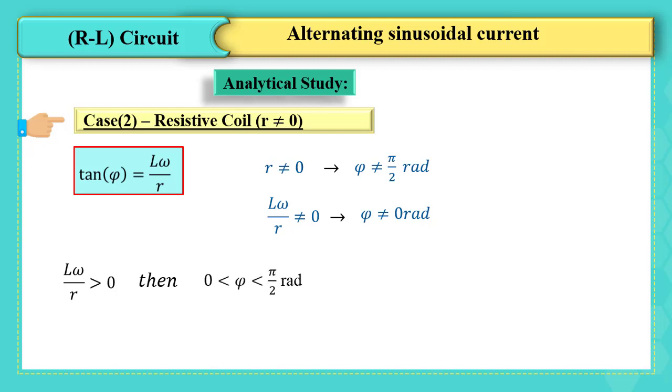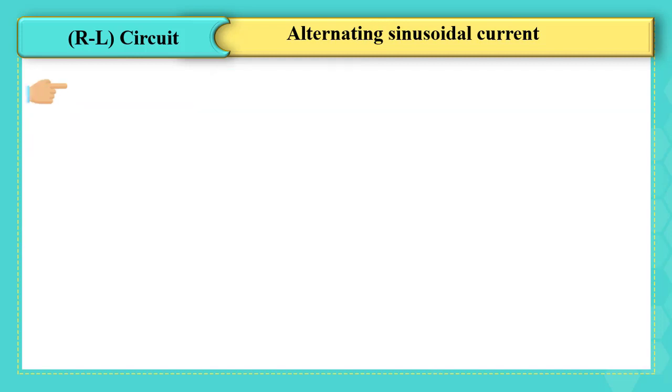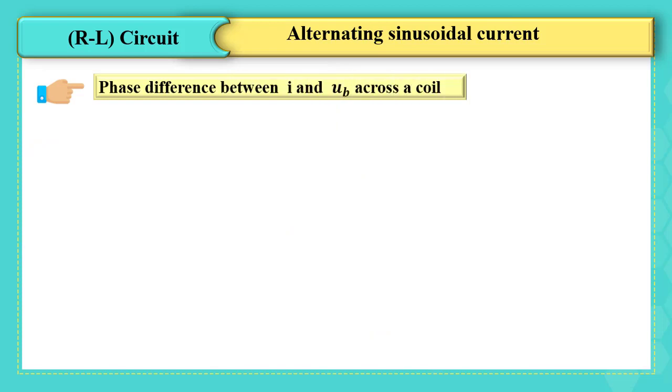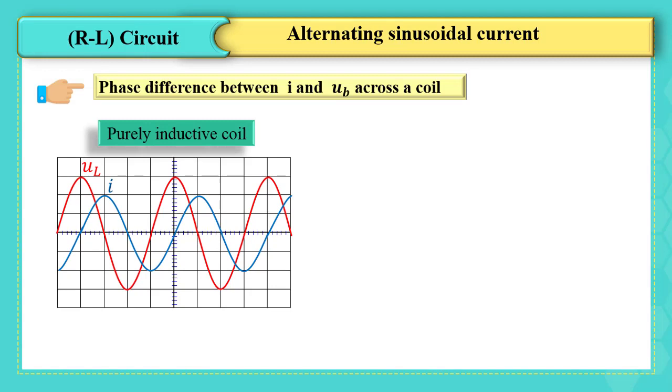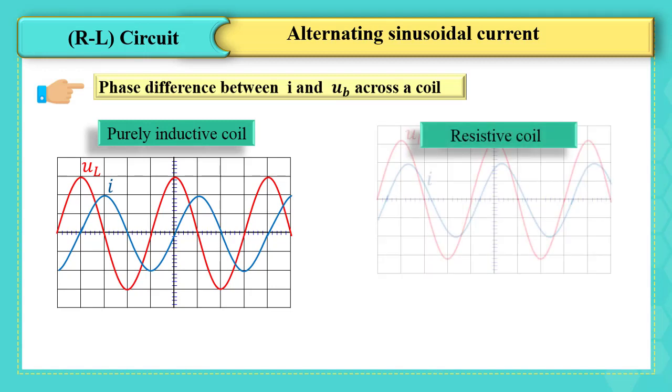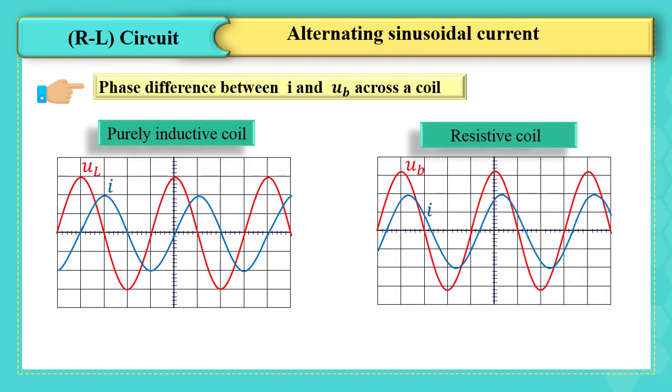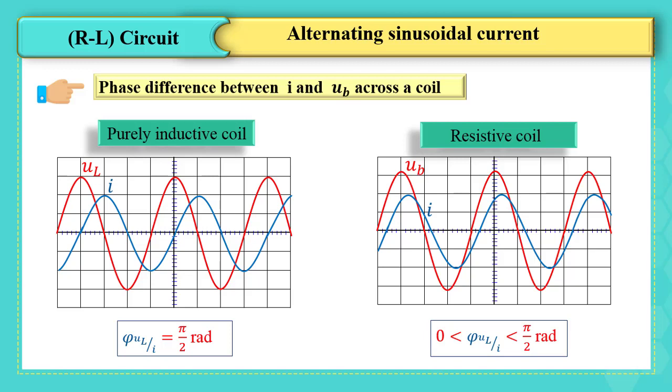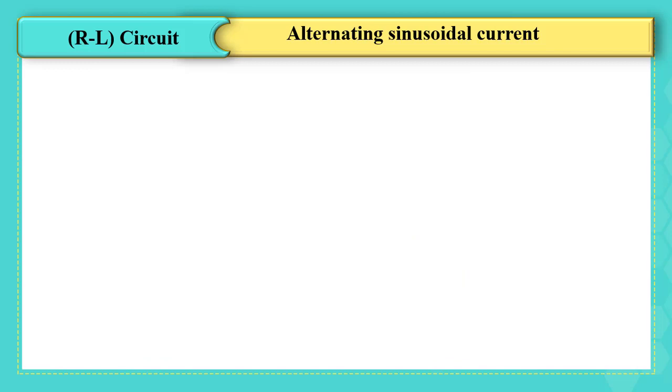So the phase difference of UL with respect to i is between 0 and pi over 2. We can conclude that the phase difference between i and UL across a coil is pi over 2 when the coil is purely inductive, and between 0 and pi over 2 when the coil is resistive.